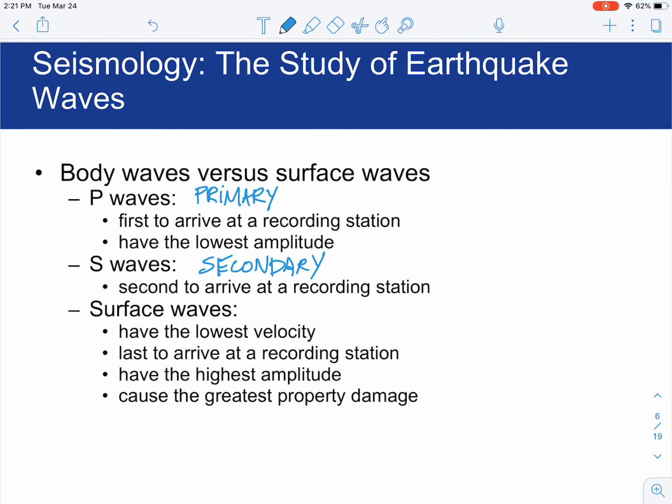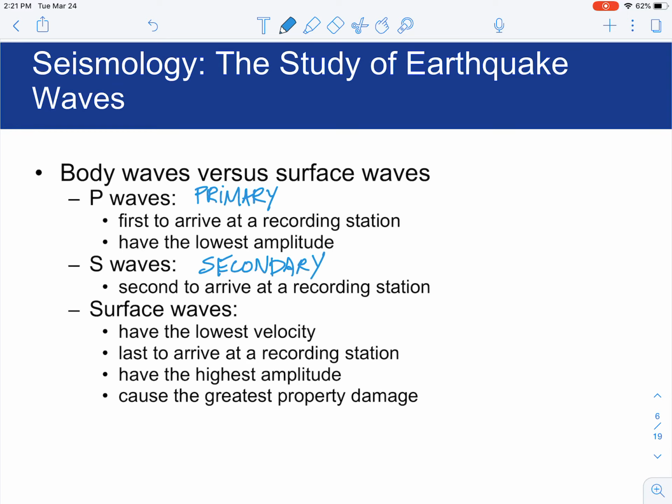Rather than compressional waves like the primary, the secondary waves are transverse waves, and they're slower and also can't travel through liquids, which is important because there are parts of the Earth's interior that are liquid, for example, the Earth's outer core. So the S waves are second to arrive at a recording station.